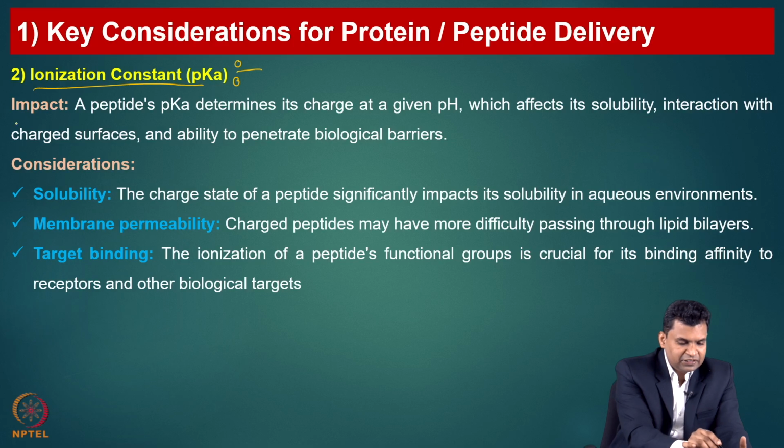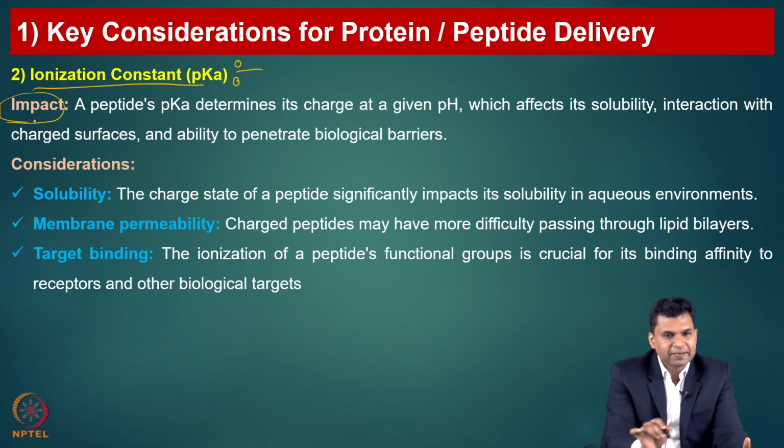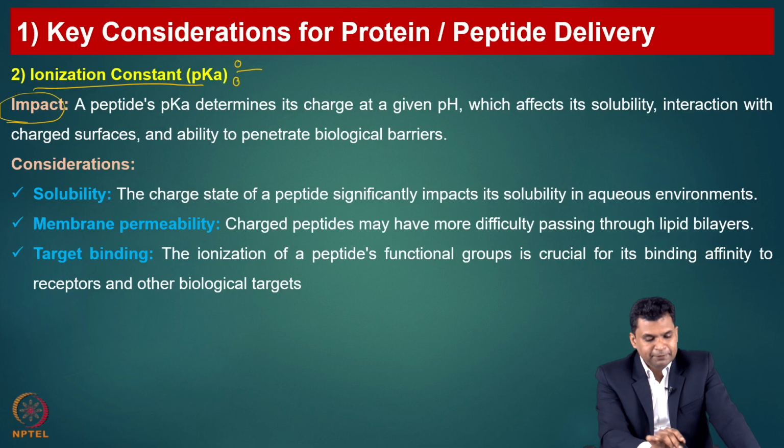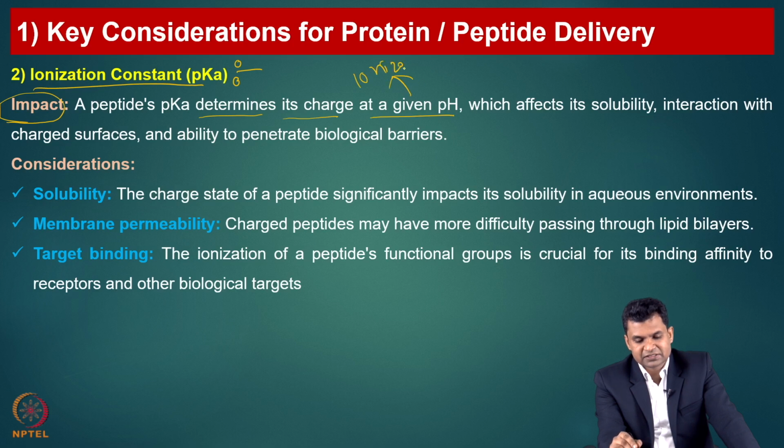So, here we can see the impact of ionization constant in protein drug delivery. A peptide's pKa determines its charge at a given pH. Of course, at that particular pH your molecule will dissociate into ionized as well as unionized form.